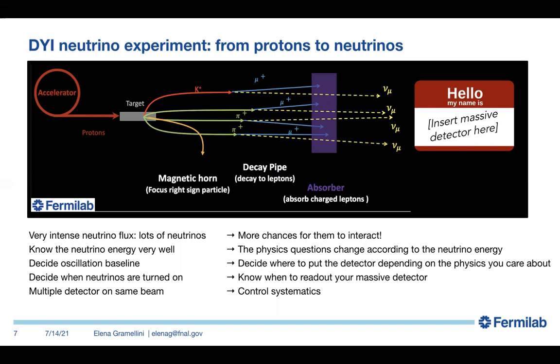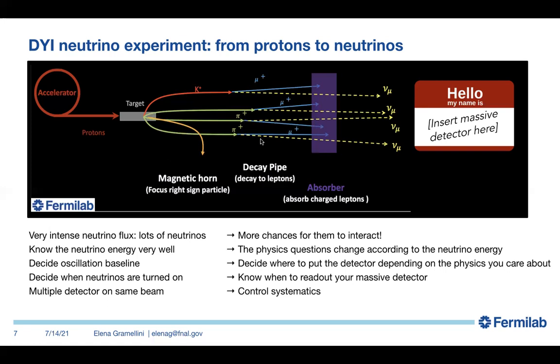So after you have smashed your protons, you focus some of your charged particles towards a straight line, and you defocus the particles that you don't care about. Your K plus and pi plus will give you neutrinos when they decay, and K minus and pi minus are going to give you antineutrinos.